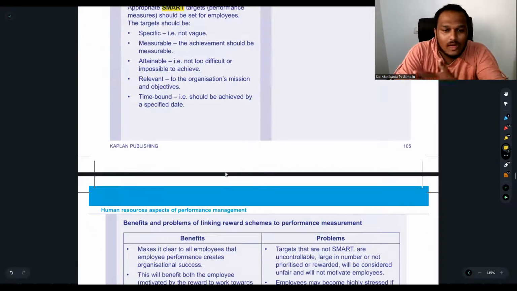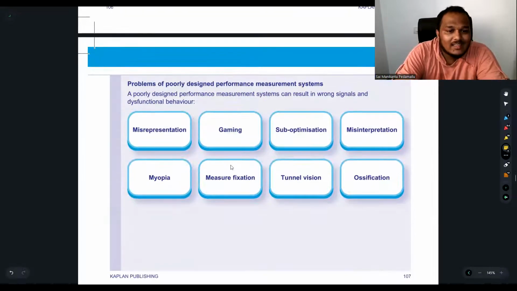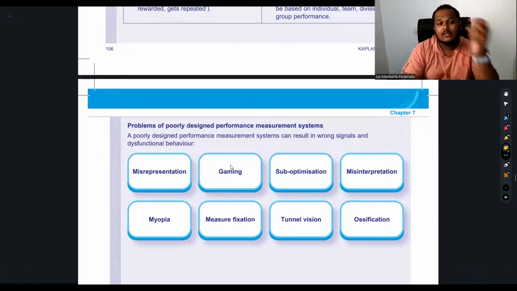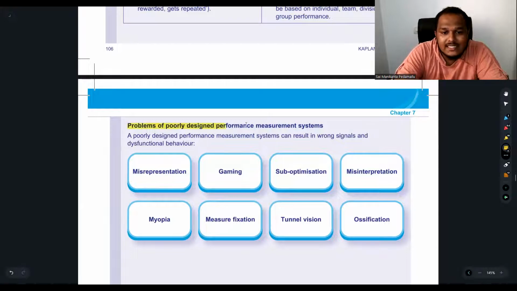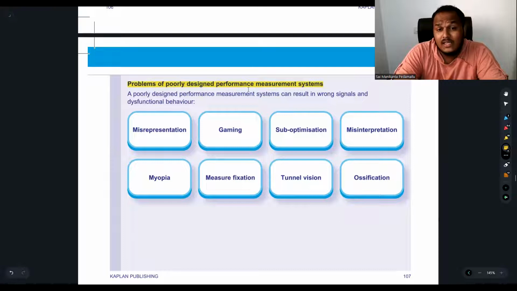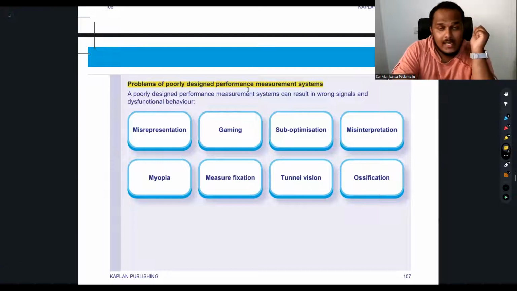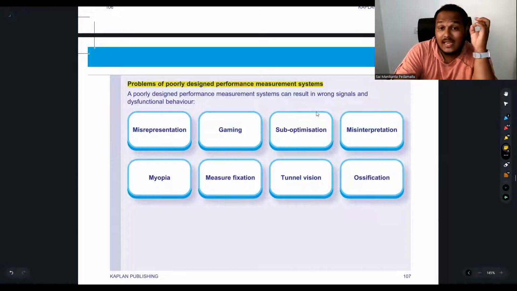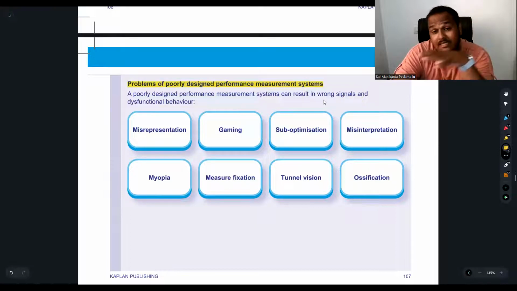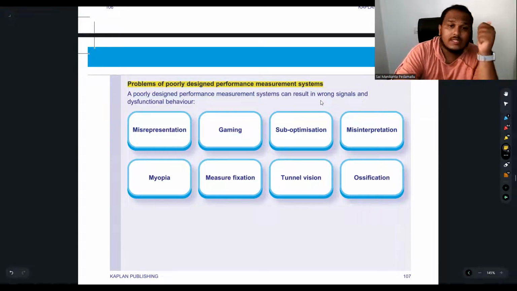Then talking about the advantages and disadvantages, and then the problems of a poorly designed performance measurement system. This is something that I would expect in question number 1 of your examination. Your 50-mark question can actually consist of a portion of this part. What is that, sir?